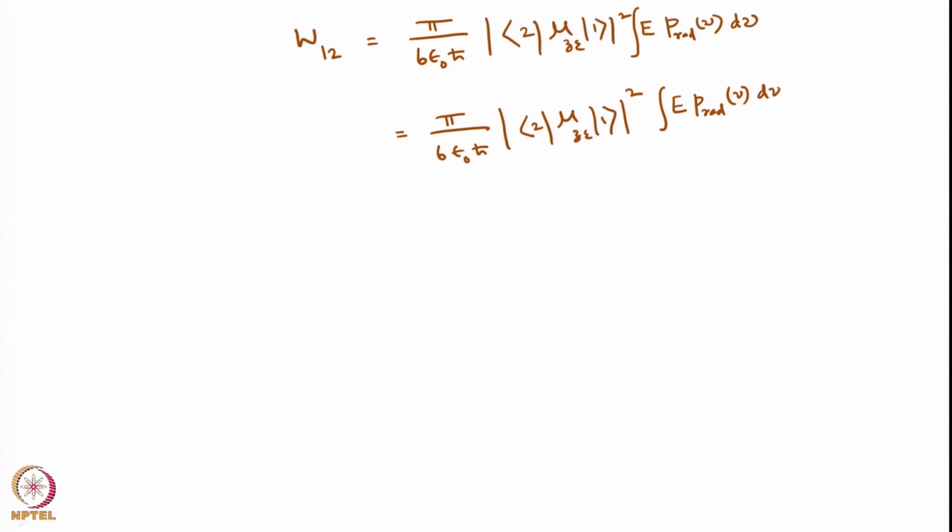Of course, I am writing the same equation. When I integrate, this integral is given by 1 over h bar rho radiation. Therefore, your W12 is given by pi by 6 epsilon naught h bar square, mu z along epsilon 1 modulus square, into rho radiation.